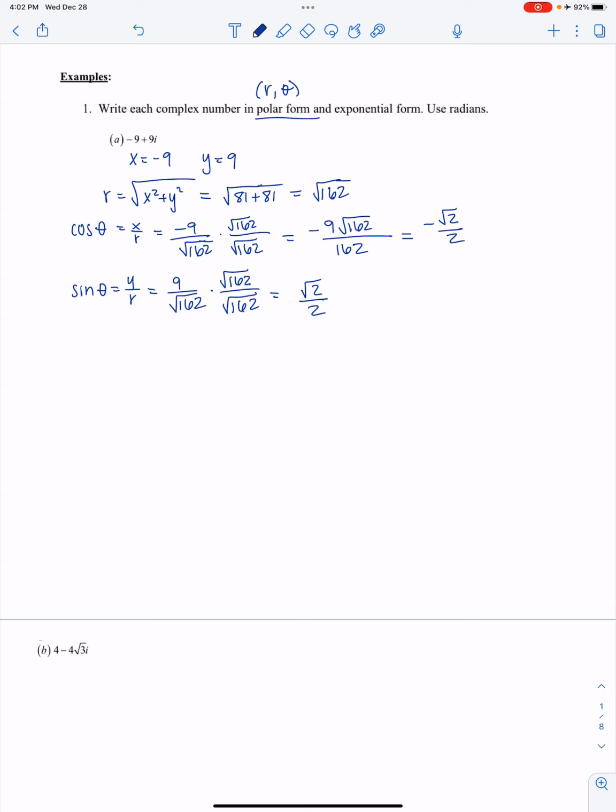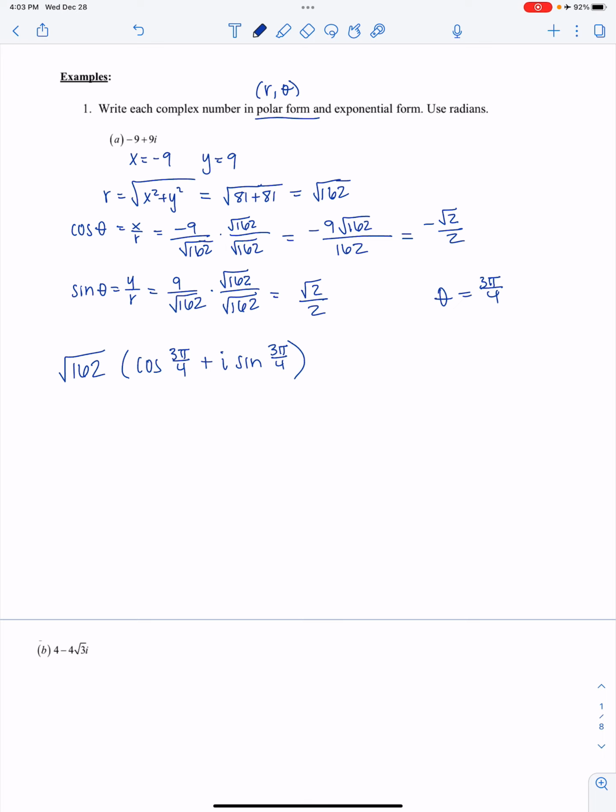And when cosine is -√2 over 2 and sine is positive root 2 over 2, that tells me that theta is 3 pi over 4. That I know from my unit circle. So now that I have all these things, we'll write it in polar form first. So we'll have r, which is root 162, times cosine theta, 3 pi over 4, plus i sine theta.